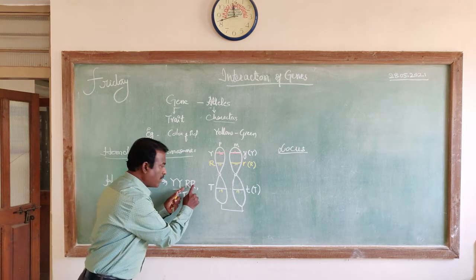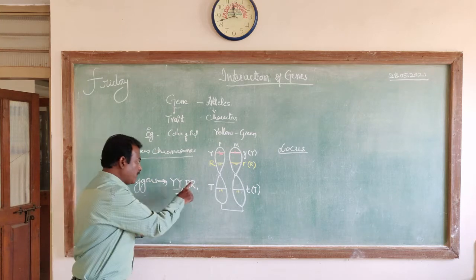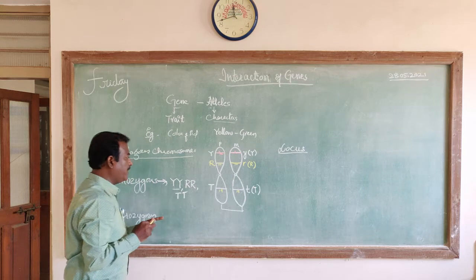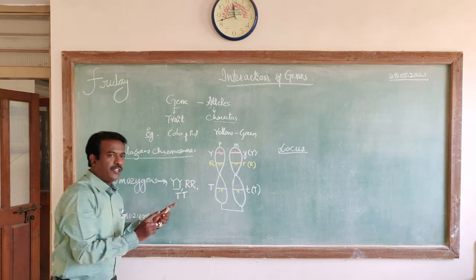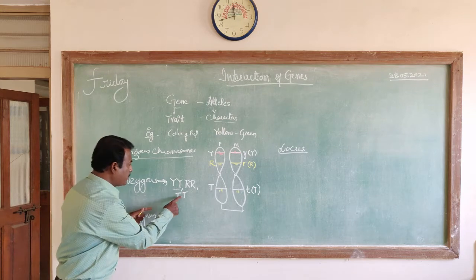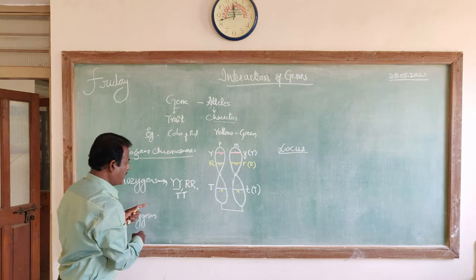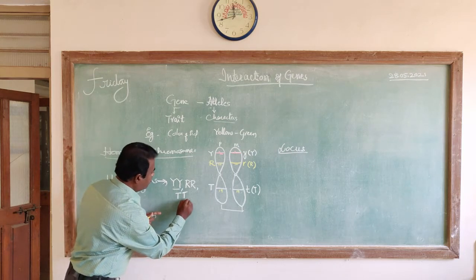Here capital R alleles are in homozygous state to express a phenotype that is round shaped seed. Capital T alleles are homozygous because they express tallness in case of height of the stem.